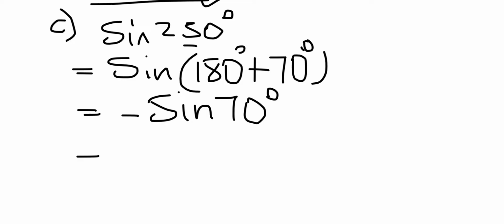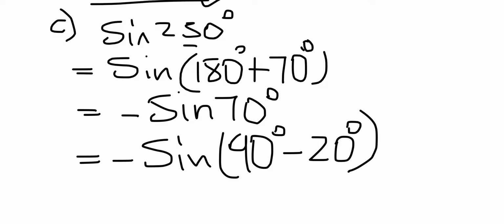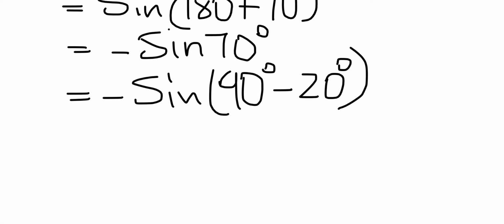You remember there is this reduction formula that we can use, which says 90 degrees minus, if we minus it by 20, that's when it gives us that 70. So we haven't changed anything. All that we did was just to rewrite it in a different form, where we use the 90 to manipulate it.